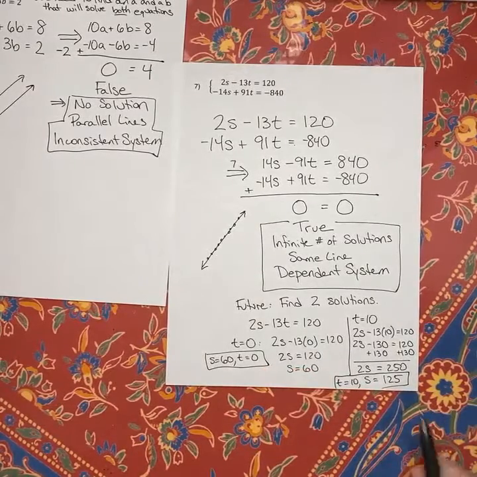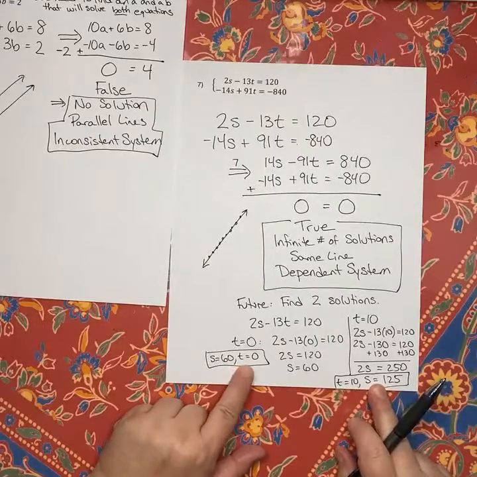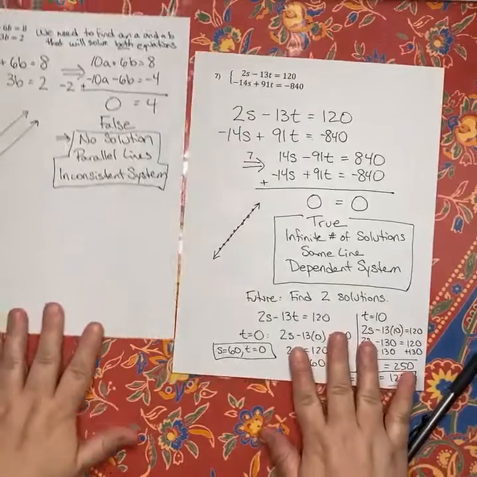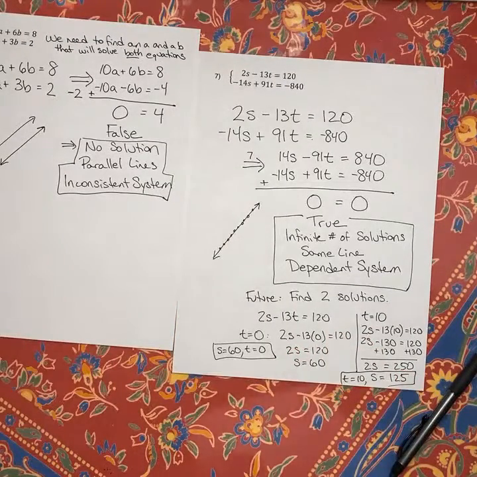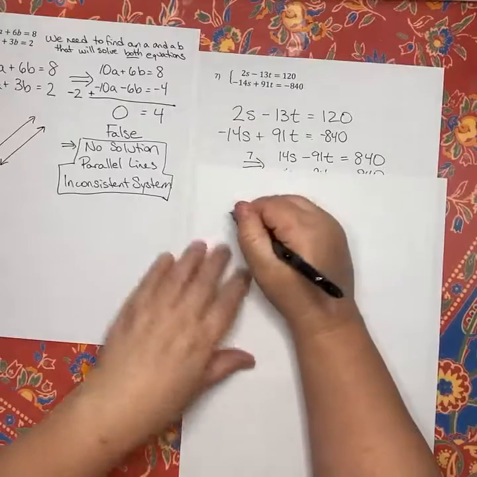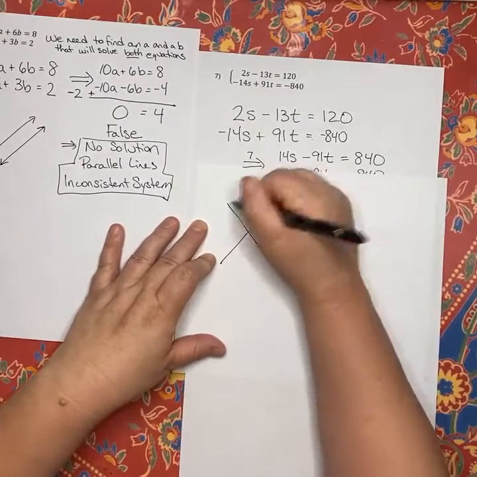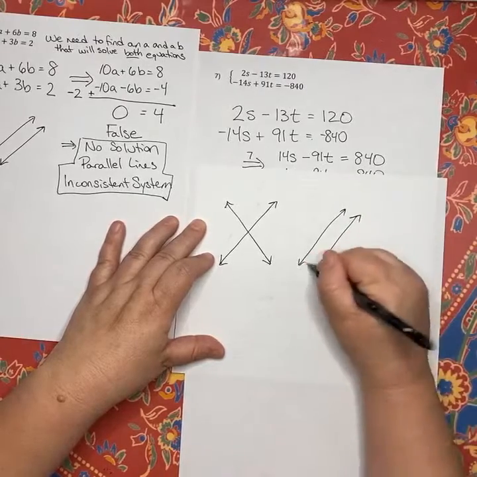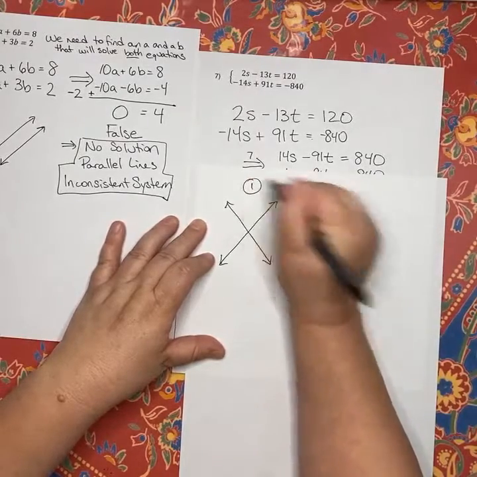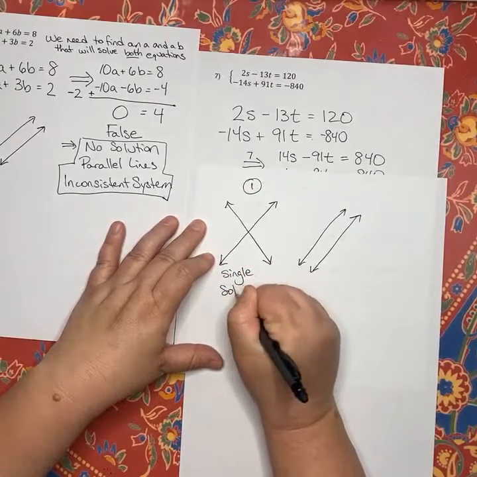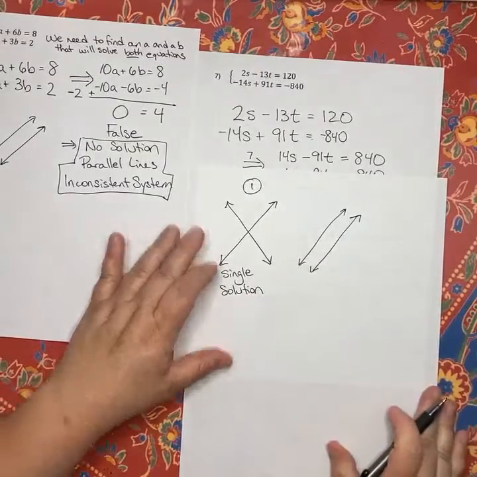So what does this prove? I found two different solutions. Well, if we look back, which I can't right now, but I can do a little sketch. I tried to convince you at the beginning, and hopefully you put some thought into it, that there were 3 possible situations. I told you that either we are here in a single solution, right? We get a single answer.